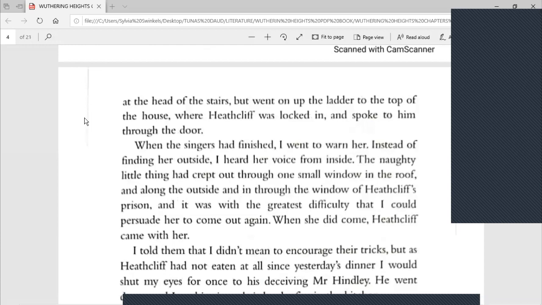Yeah, very good. So Hindley locked him up, and Kathy feels bad about that. Thank you, Aaron. Okay, Christian, can you continue? Christian? Talia? Okay, Ketut? Hello, Ketut?